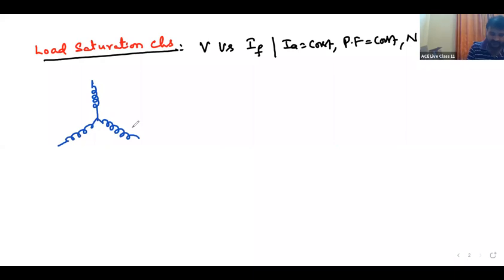This is the inductive load alternator, with ammeter reading.